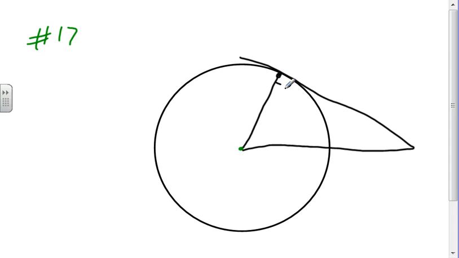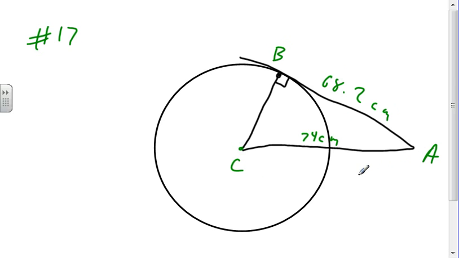Because it's tangent, I know that that's a right angle. I'm given 1756. AB is 68.2 centimeters. First of all, I have to put ABC on. AC is 74 centimeters. Find the radius of the circle.